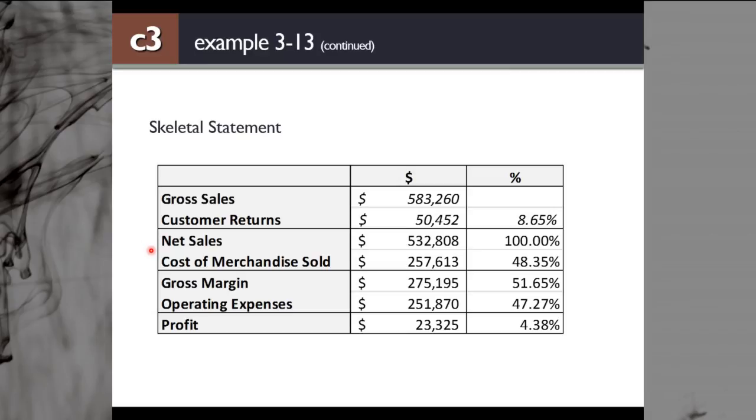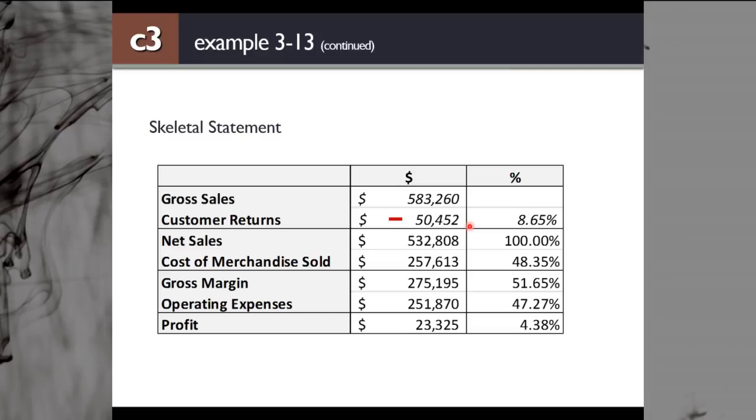Now, based on this information, you know how to calculate other numbers based on the other components. So let's start from the first one. Your net sales, this 532,808, was calculated by gross sales minus customer returns.